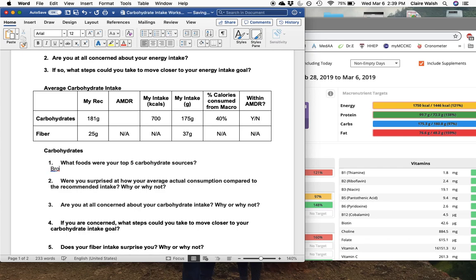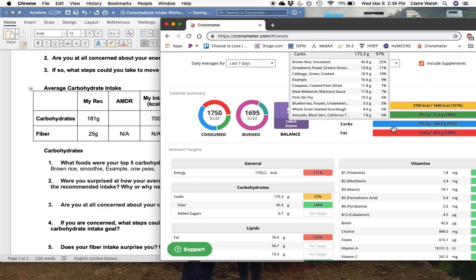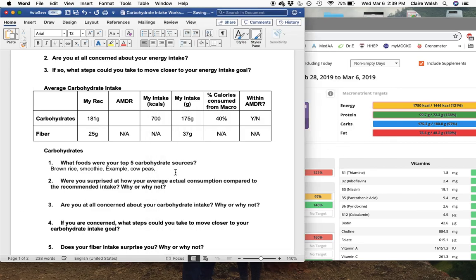Brown rice, smoothie, example, cowpeas. What was the other thing? I can't remember. Oh, cabbage. So eating a lot of cabbage to have it be that much of my carbohydrate intake. So that's all you have to do for this one.